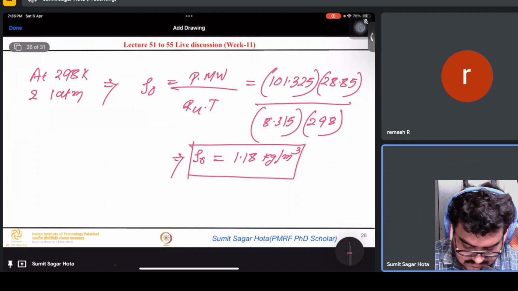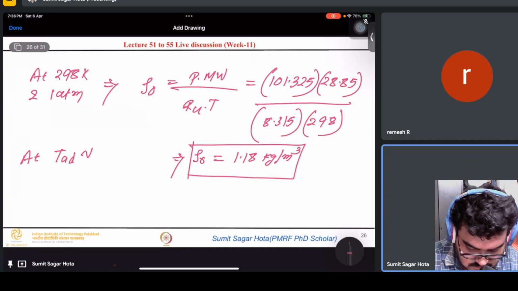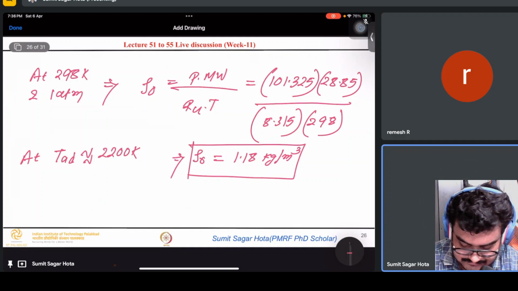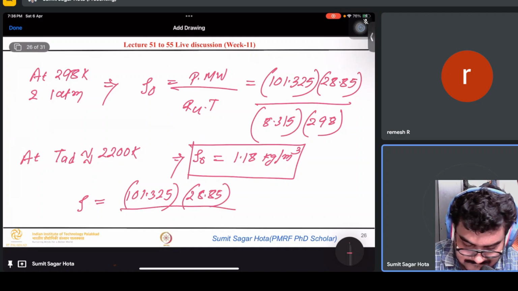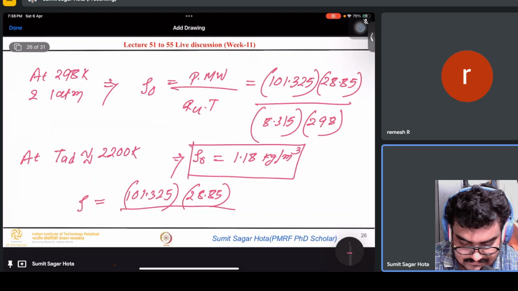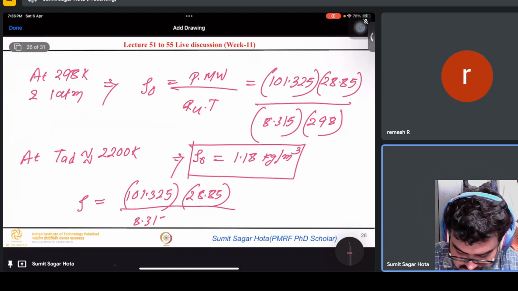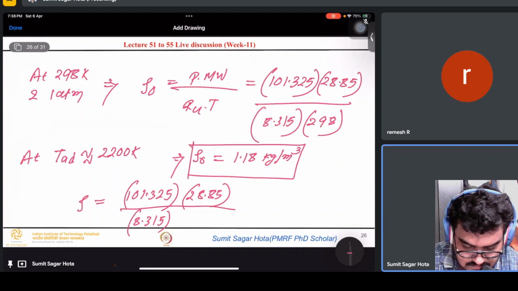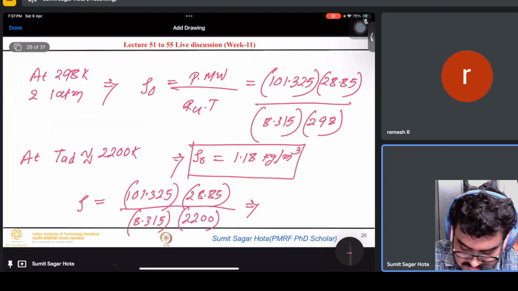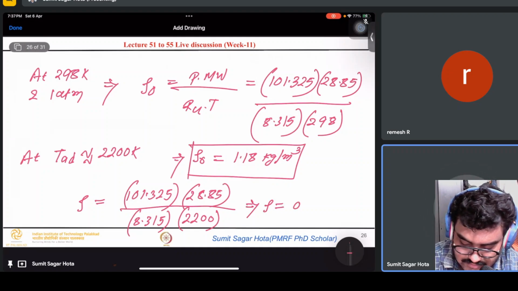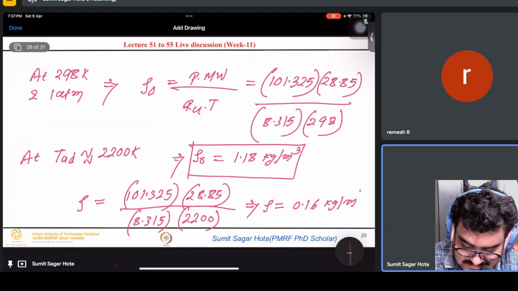Now the adiabatic condition, 2200 Kelvin. Pressure we are assuming the same, so at 2200 rho is 0.16 kg per meter cube.